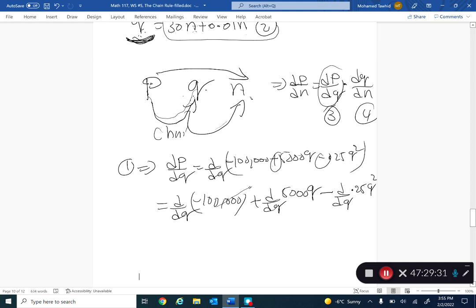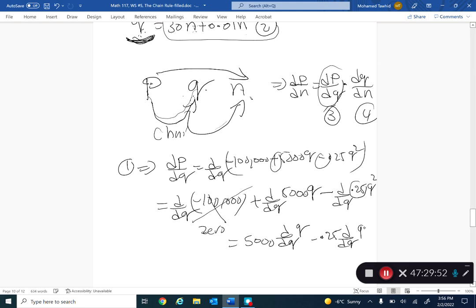What is the derivative of any constant? It will be 0. Take 5,000 out, and what is the derivative of Q with respect to Q? Take 0.25, a constant, out. So what is the half?